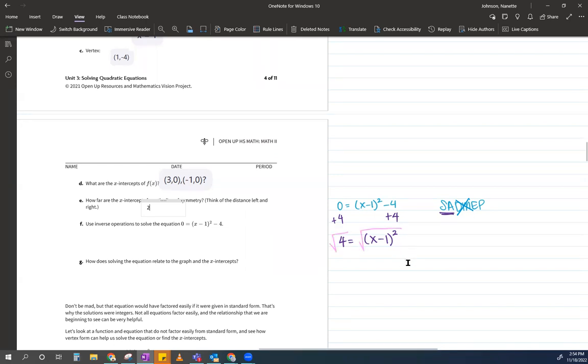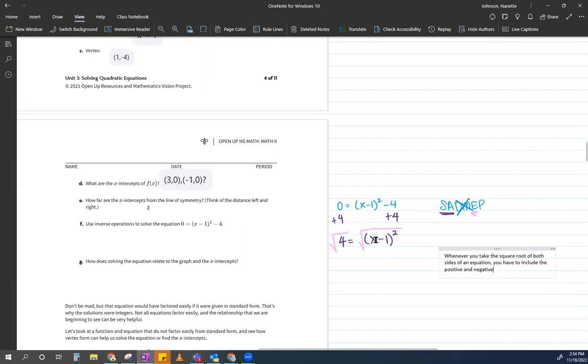But don't forget, this is the part that students forget, and we wrote it before. Whenever you take the square root of both sides of an equation, you have to include the positive and negative.